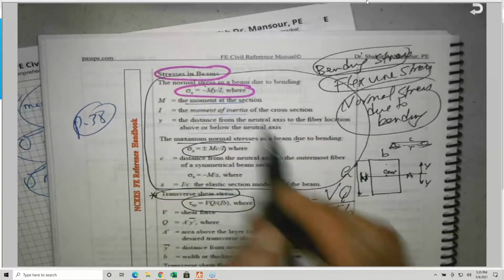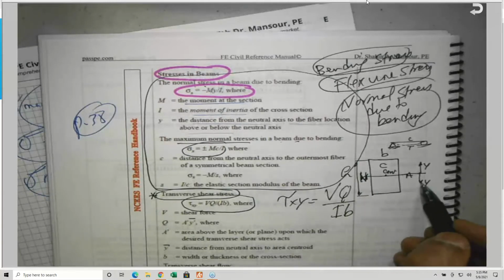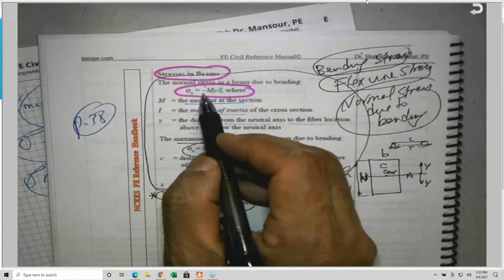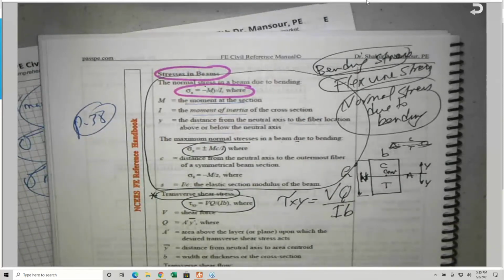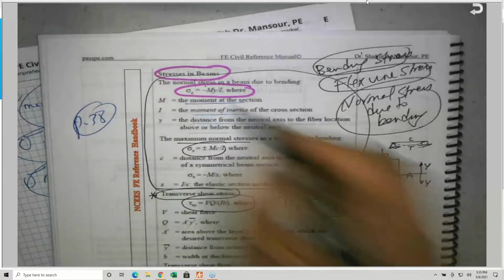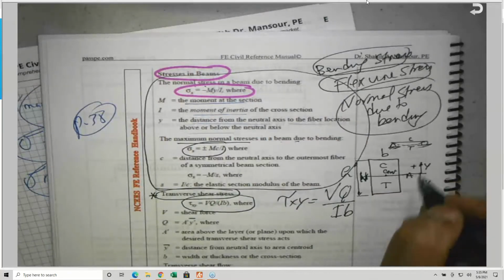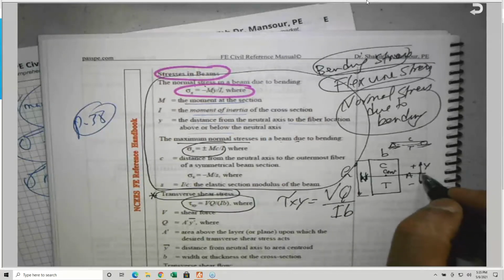This will give you sigma x negative, which is compression. But if you go down, y is negative, so negative and negative will give you positive, and this is tension, because tension is positive. To take care of the sign, they put this negative sign, because the y distance is positive here and negative here, and y along the neutral axis is 0.